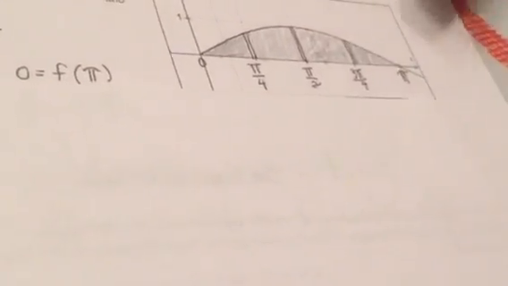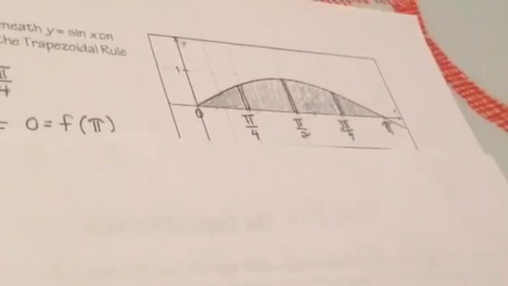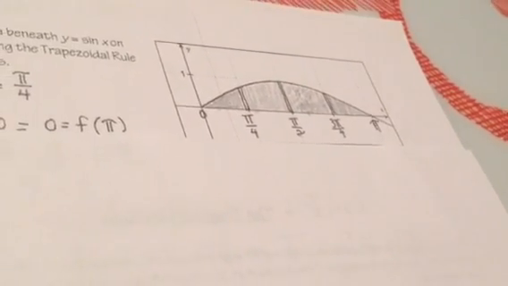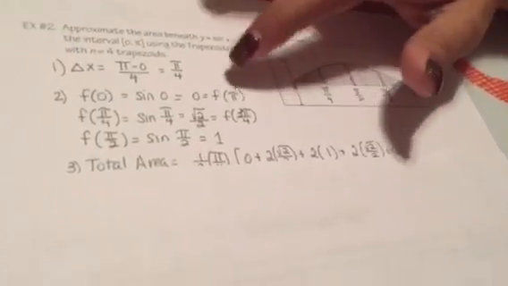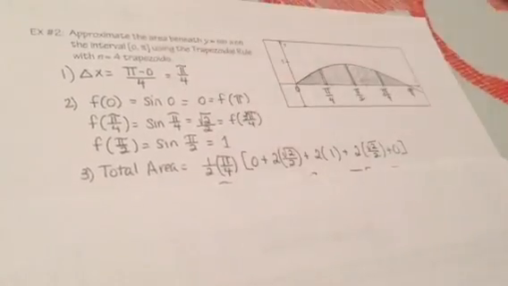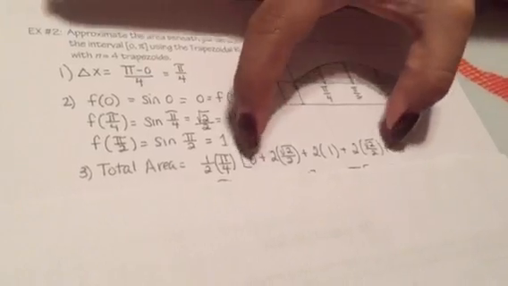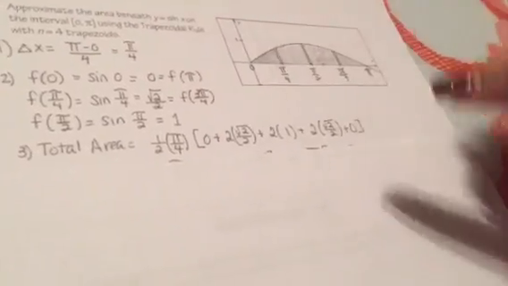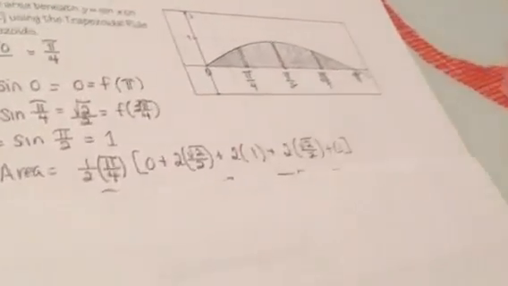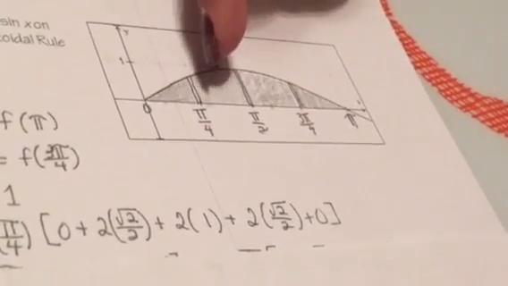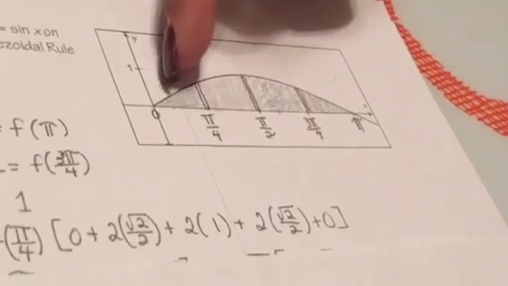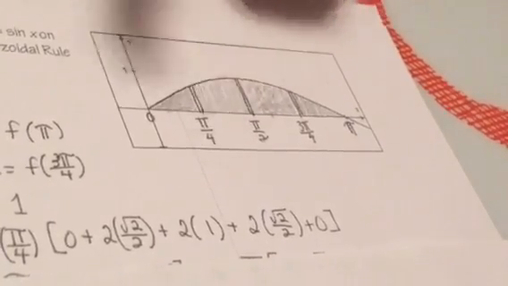Plug in each of these values so that we can find our base 1s and our base 2s. To find the total area, it's 1/2 times our constant height times each of our bases. And remember that the inner ones, we multiply by 2 because they become base 2 for our first trapezoid and base 1 for our second trapezoid.